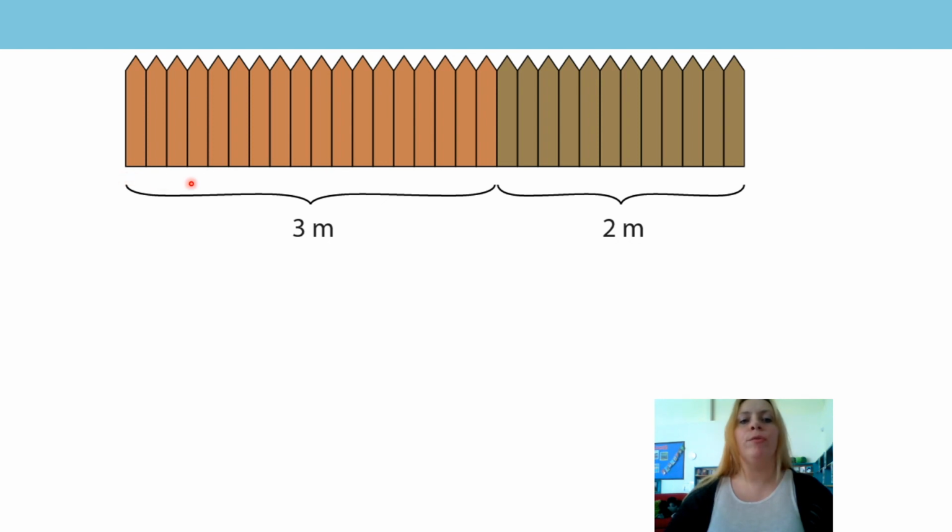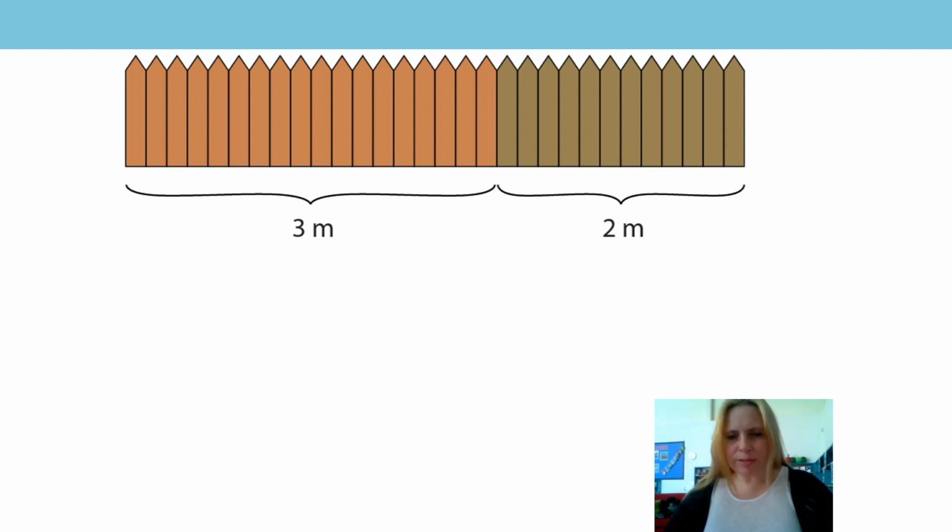So 3 meters plus 2 meters of fence. The 2 meters of fence is the extra fence we had to pop on the end to make the fence longer. So if this is right, 3 plus 2 is going to be 5 meters, just like 2 plus 3 is going to be 5 meters.